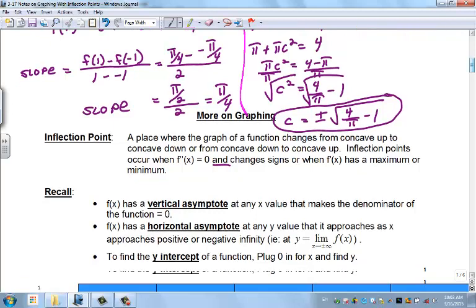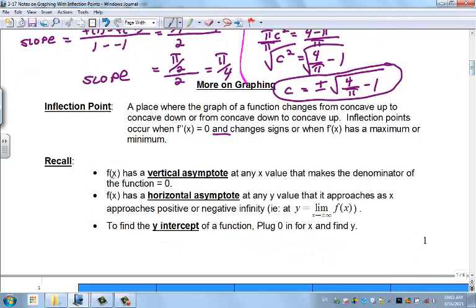Some things you should recall. f of x has a vertical asymptote at any x value that makes the denominator of the function equal to 0. So we're going to include vertical asymptotes into these graphs today. f of x has a horizontal asymptote at any y value that it approaches as x approaches positive or negative infinity.